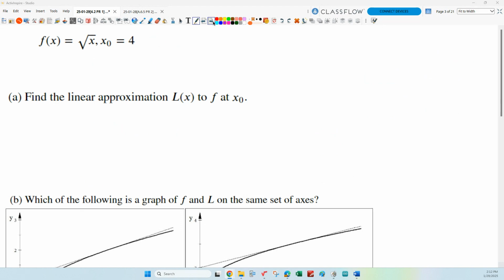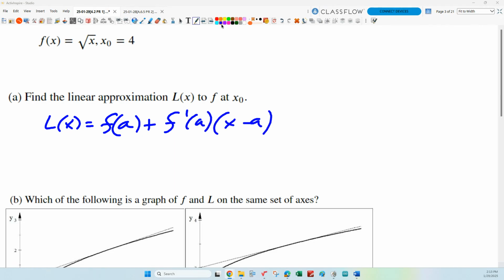The approximation to the function f. So you've got to tell me then, you've got to have this filed away: what is L of x again? What's the equation that we would start with? F prime of a times x minus a, exactly. Where did we get that from?